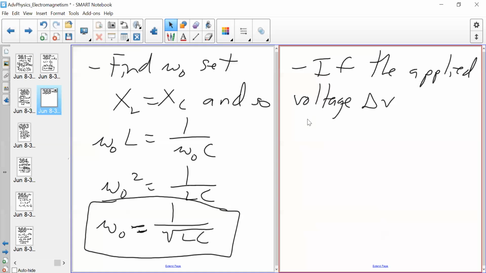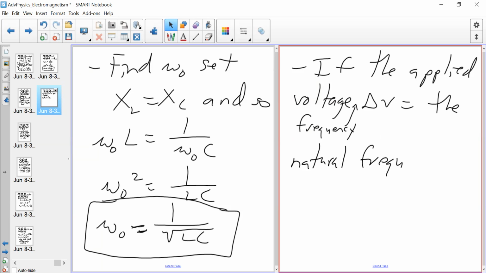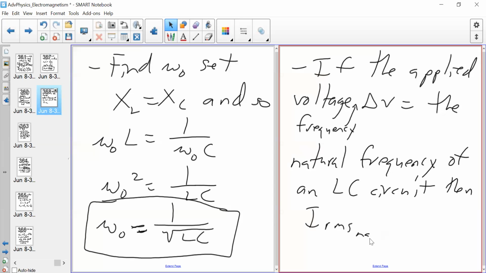If the applied voltage frequency equals the natural frequency of an LC circuit, then we can have maximum RMS current.